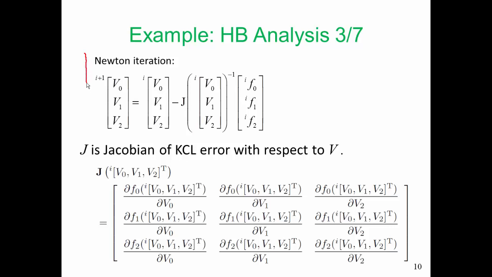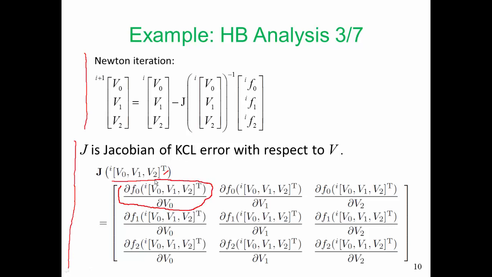So expand things out a little bit more. This is what our iteration is, and this is what the Jacobian looks like. So it's the Jacobian of the ith iterate of the voltages. This is just a transpose here, which enables the column vector to be written in a more compact row vector form. Just look at the first element here.